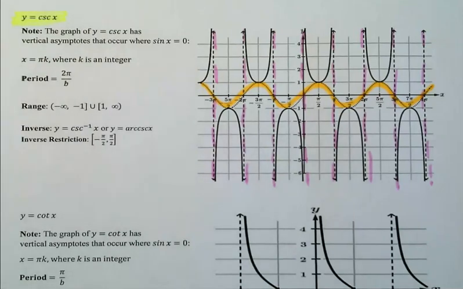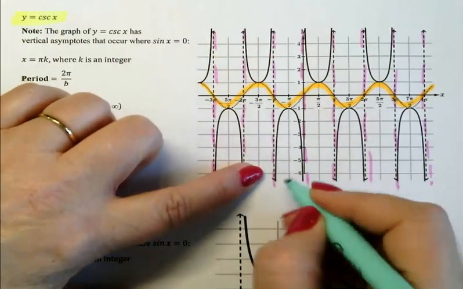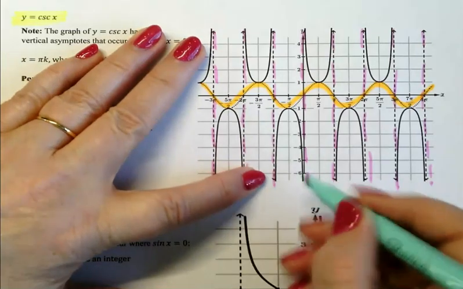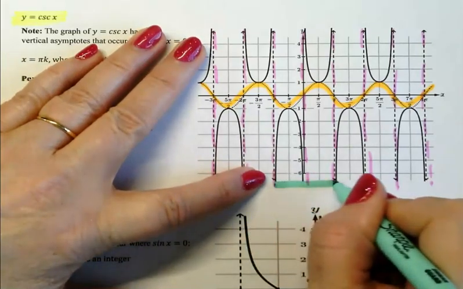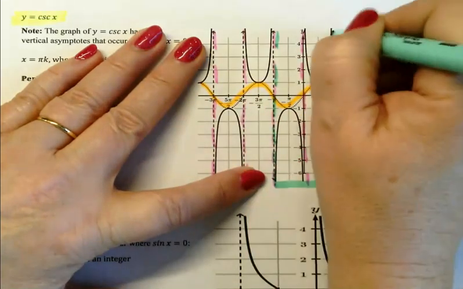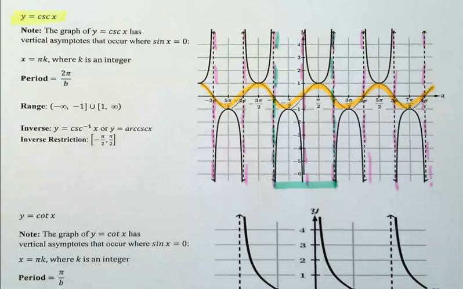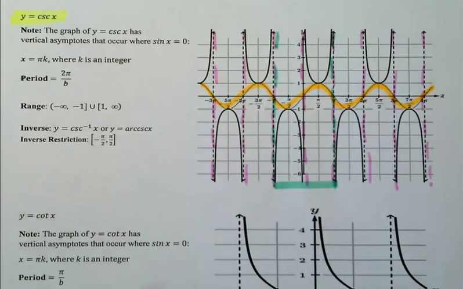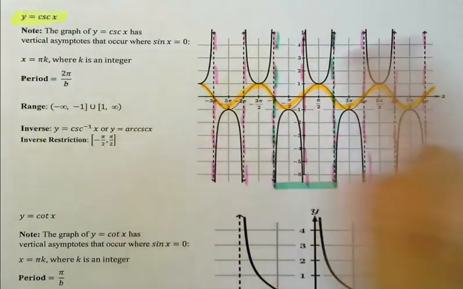So we're looking at that going from here all the way over to here. So you're talking about this chunk of the graph right here. That's the main way we can restrict that. And we're going to have one hill, one valley.